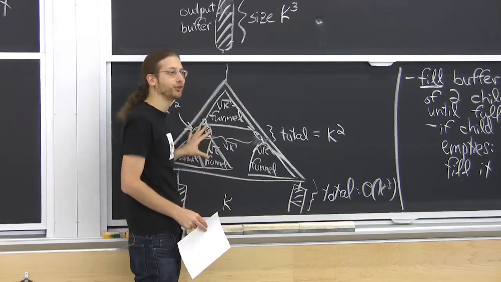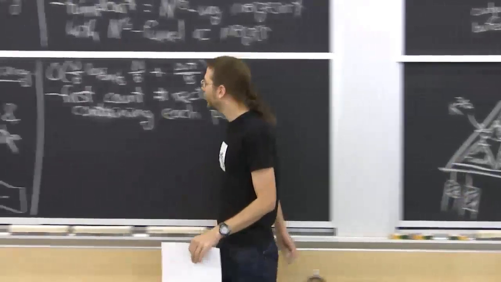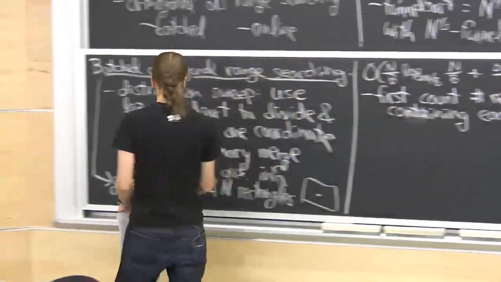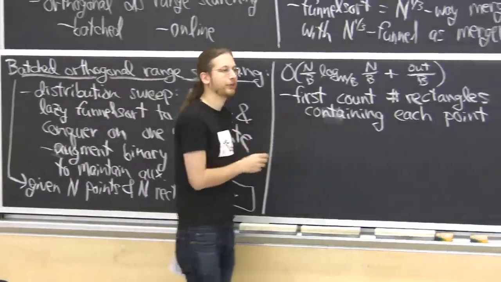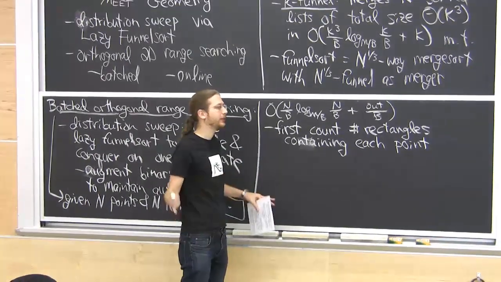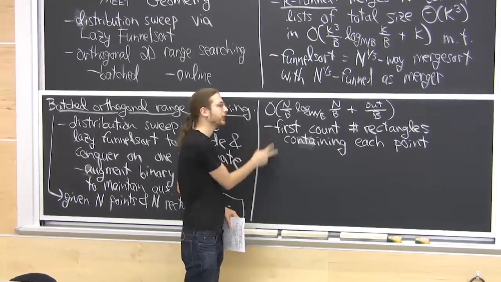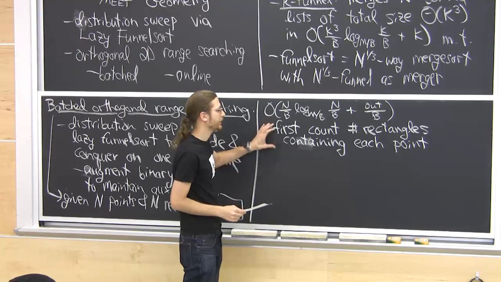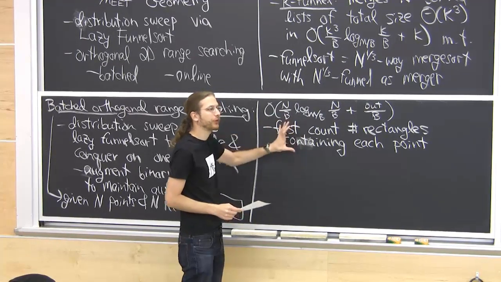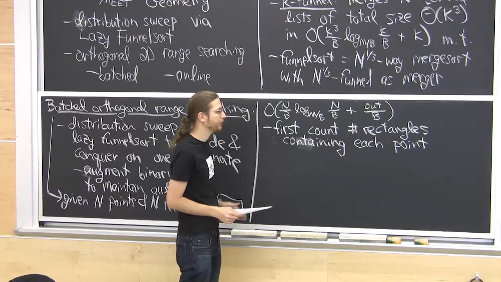The analysis I didn't show you. So it's an issue. So the first step of this algorithm is to first figure out how big those buffers have to be so that we don't have to allocate them too large. And to do that, we need to basically count how many answers there are, and this is what we'll do. And to compute these values, the answers aren't very big. These answers are just single numbers per point, so it's no big deal.